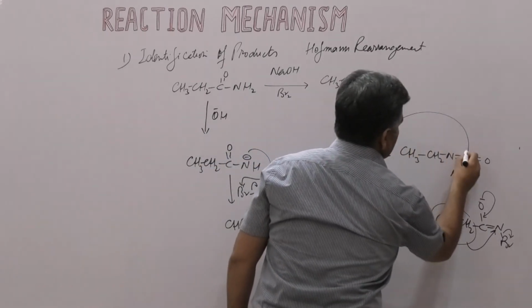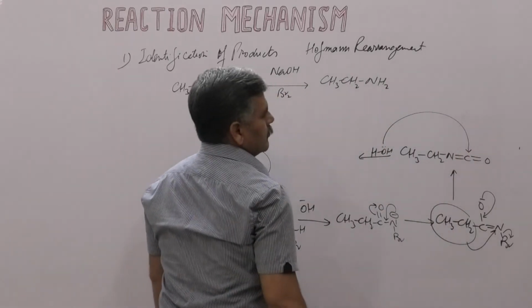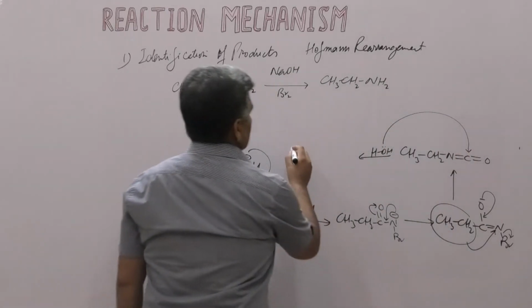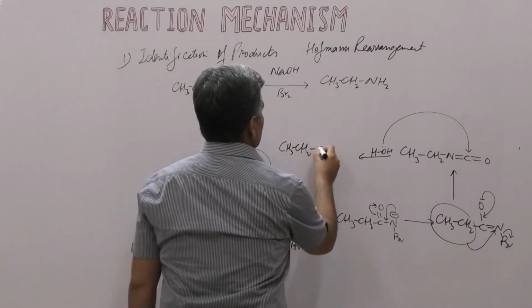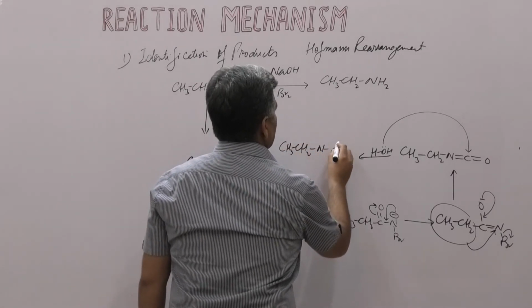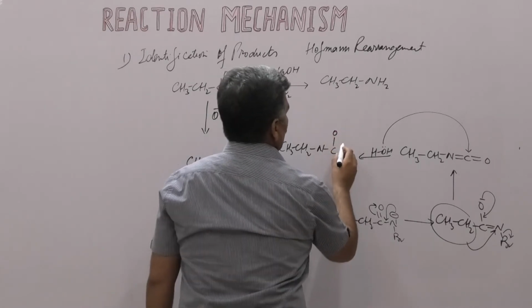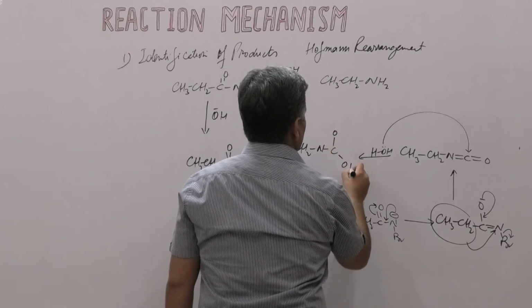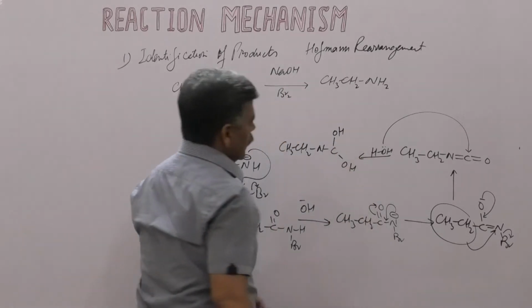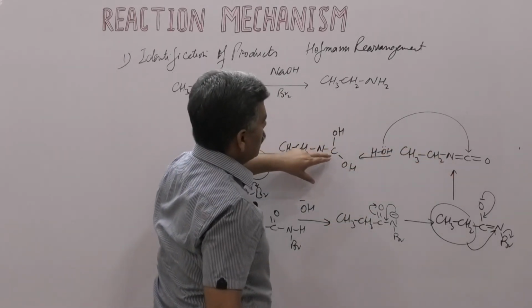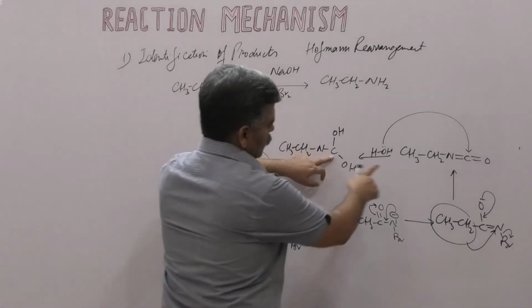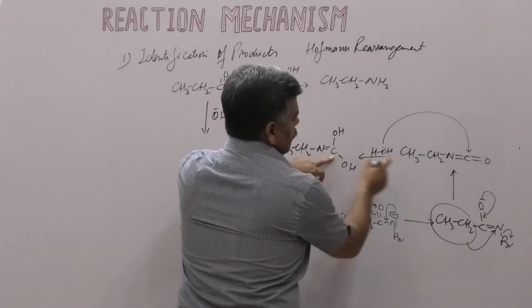attacks at this carbon, and we have the intermediate CH3CH2 CO, and here we have OH. So when water attacks at this carbon, this carbon is attached with double bond nitrogen.